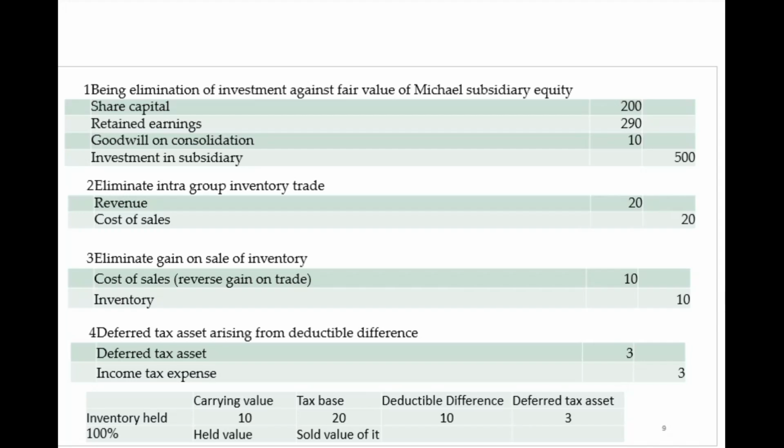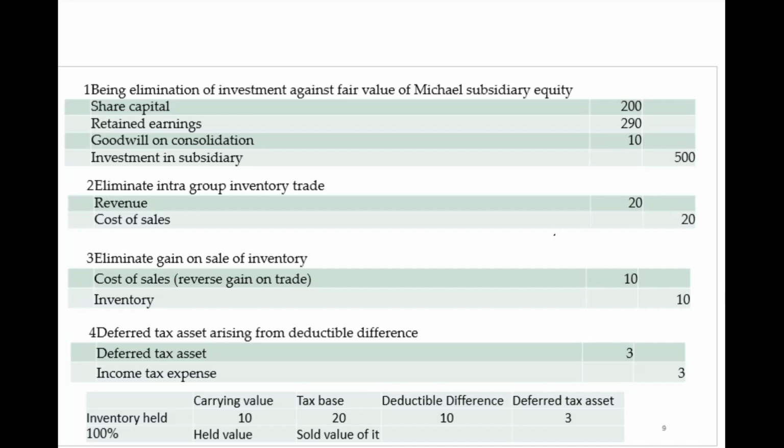Let's look at the consolidation entries. The first entry is the elimination of investment against the fair value of Michael subsidiary's equity. We can start with this entry because there are no fair value adjustments for the subsidiary in consolidation here.